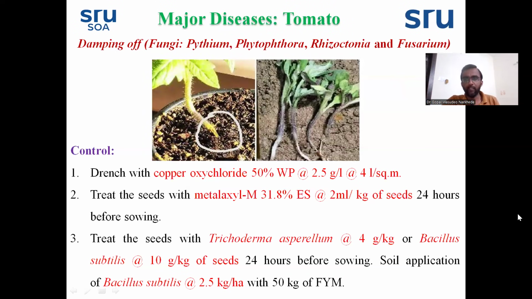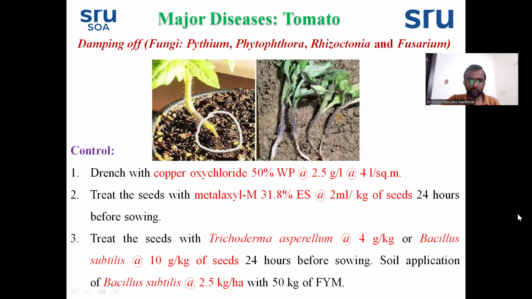So now we will see major diseases of tomato. First one, damping off, which is caused by different fungi: Pythium, Phytophthora, Rhizoctonia and Fusarium. So what are the controls? Soil drenching with copper oxychloride 50% wettable powder, 2.5 gram per liter. Right. Then seed treatment with metalaxyl 24 hours before sowing.